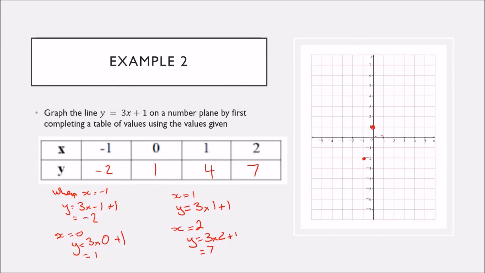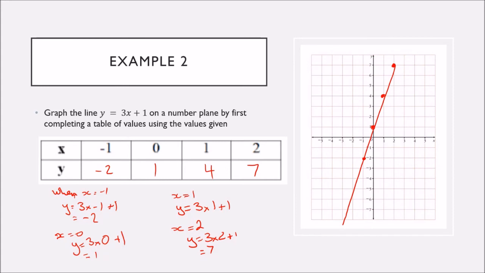And next point, we're going across 1, and then we're going up 4. So our point's going to be here. And our last point, we're going across to 2, and then up all the way to the 7. So there are our 4 points. Again, we can see that they're forming a nice straight line when we put our ruler up against them.